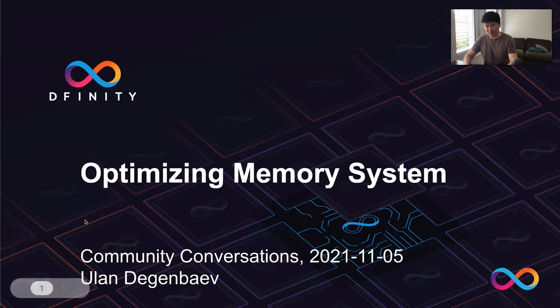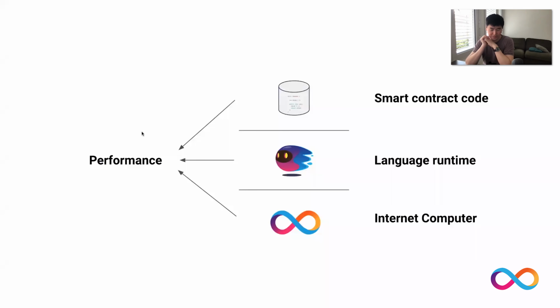All right, so this talk is about performance in the context of the memory system. I'll talk about the performance bottlenecks we found, and discuss performance issues and open problems.